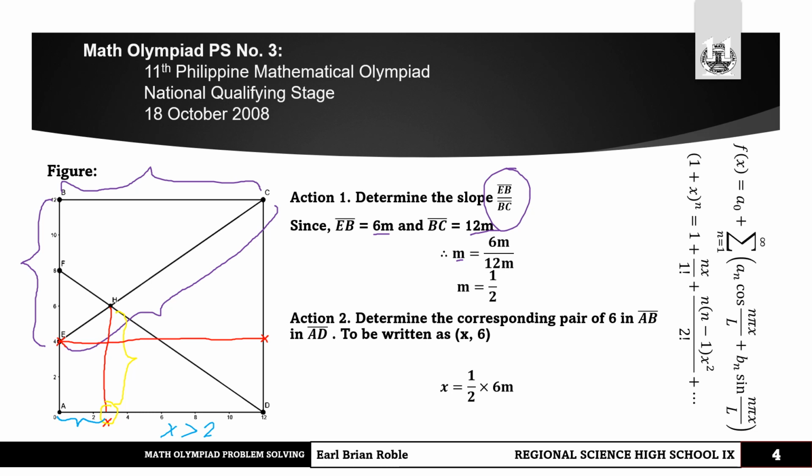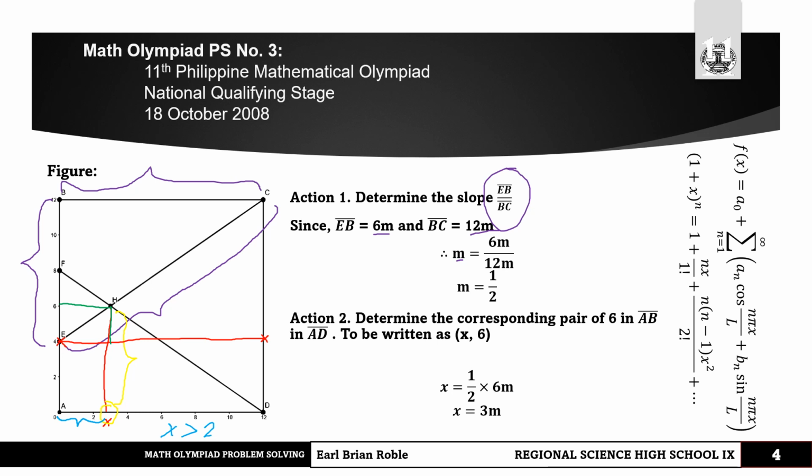Let me use another ink. This is the run, and this is the rise. So we have to find the rise, so that's why we are multiplying this. And we will have x equal to 3, okay? x is equal to 3.